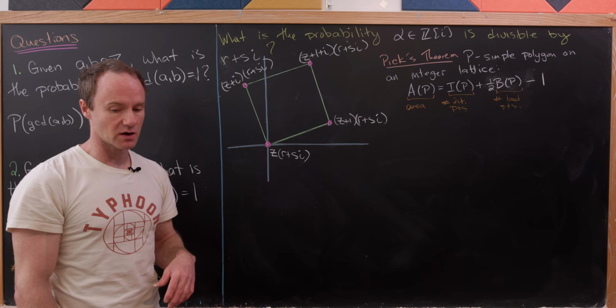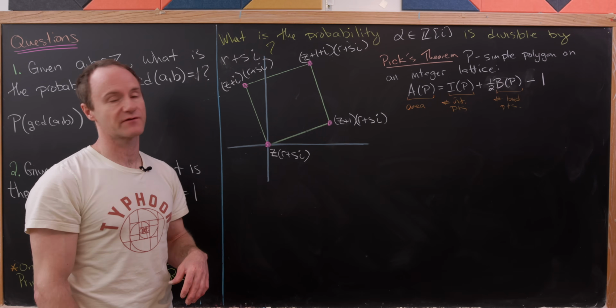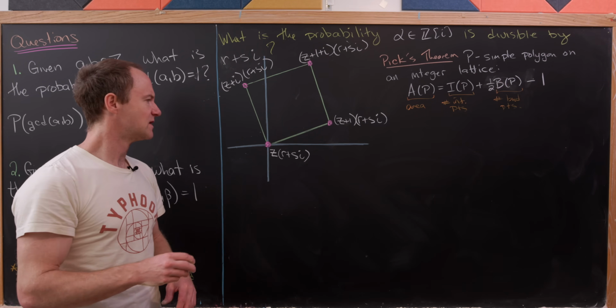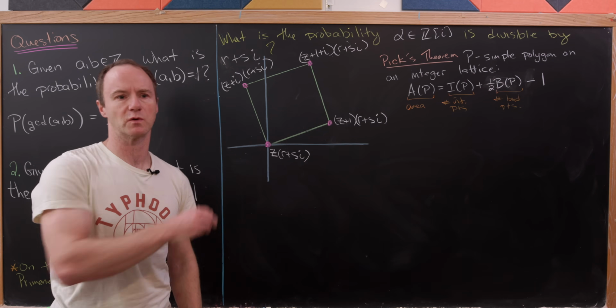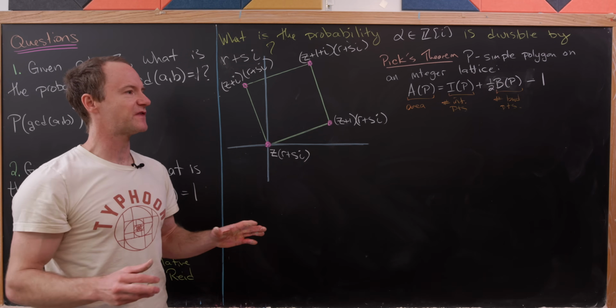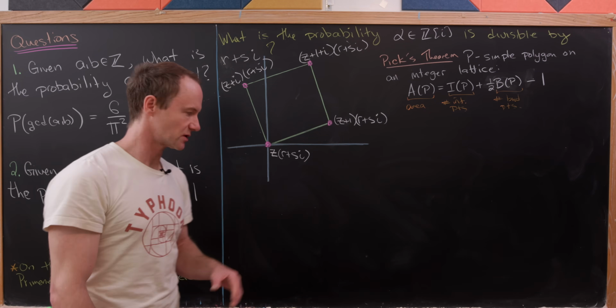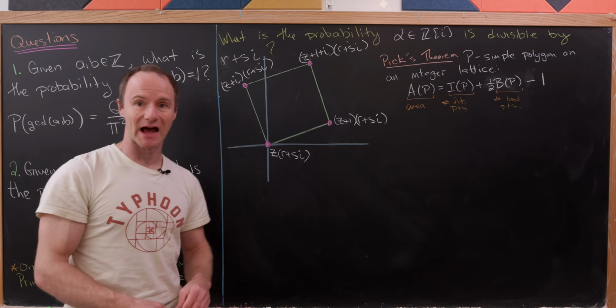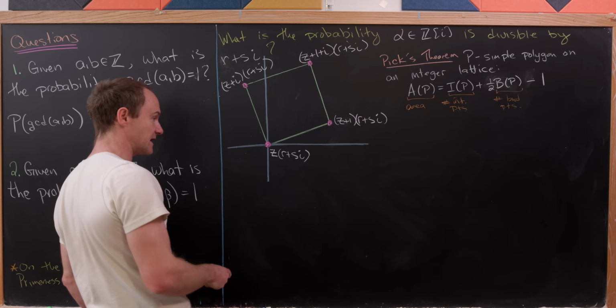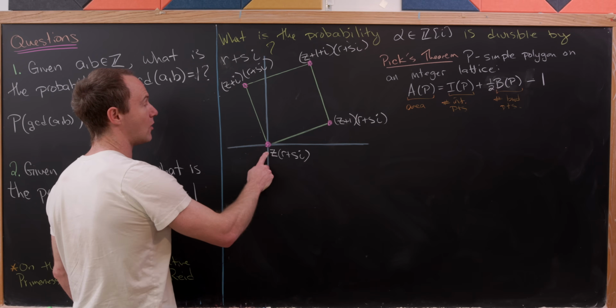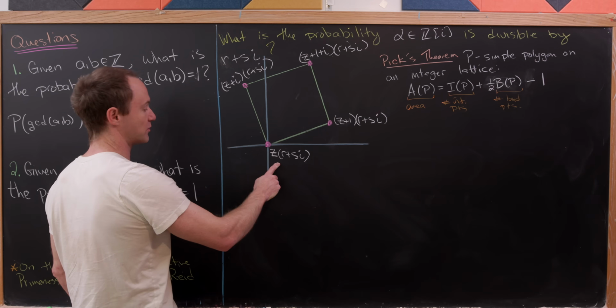Now we're going to use this thing called Pick's theorem to get us off the ground, but before we do that, let's maybe talk a little bit about what we're doing here. So the way we want to think about this is as follows. We'll take a Gaussian integer and we'll observe that that Gaussian integer will live as a multiple of this r plus si.